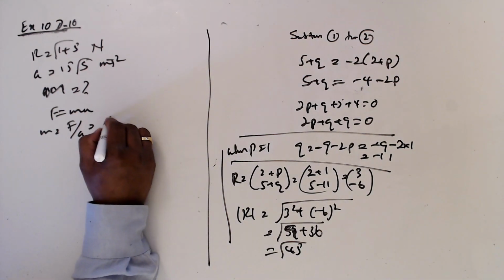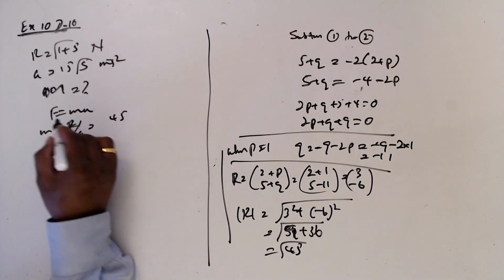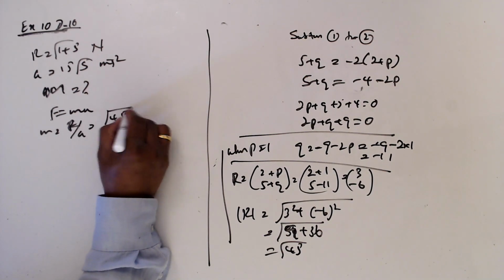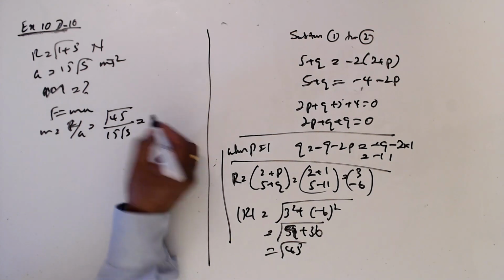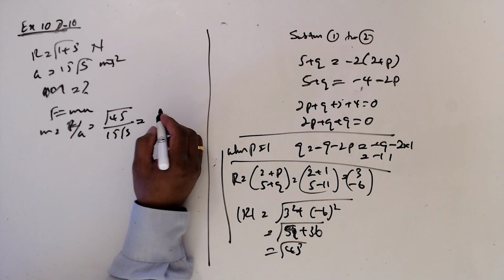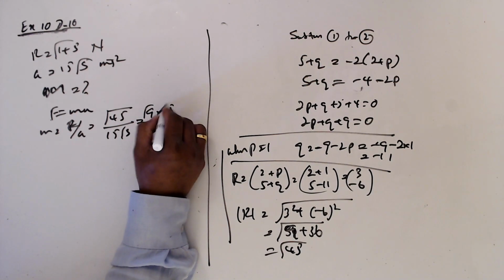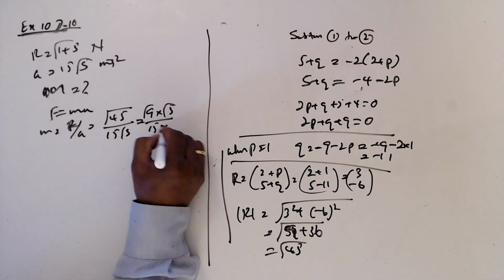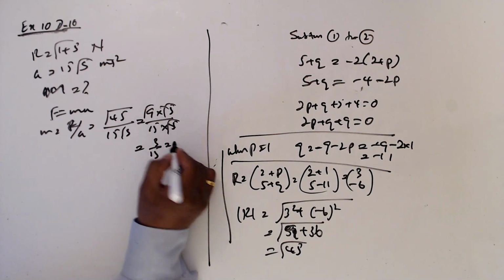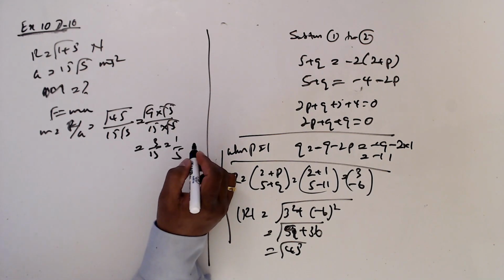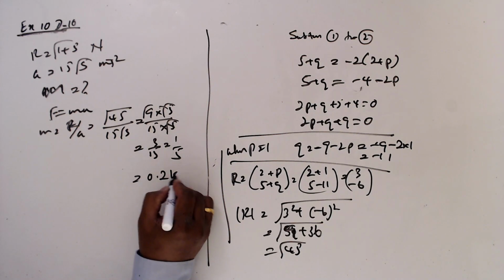F equals the magnitude of R. So the value is square root 45 divided by 15 square root 5. So this is going to be 3 square root 5 over 15 square root 5, the square roots cancel out, this is 3 over 15, that is 1 over 5. So this is 0.2 kg.